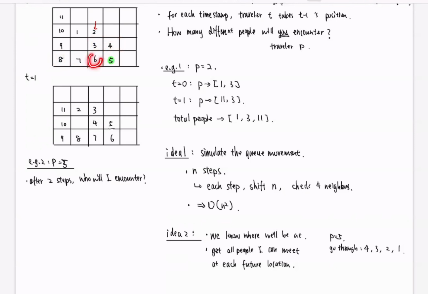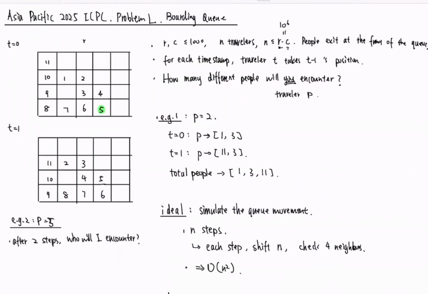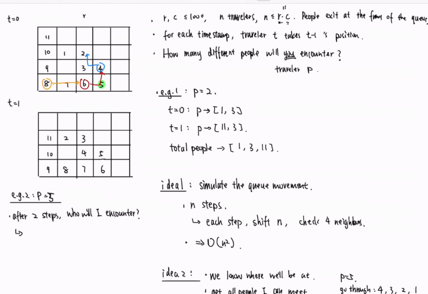Number 6, which will move 2 steps forward. Number 6 will come to number 4, and number 8 will go to the place of number 6. Now, at this location 3 cell, we also have a top neighbor. Who will occupy the top cell? Person 4 will shift 2 steps forward and occupy the number 2 cell. So after 2 steps we will encounter 8, 6, and 2.